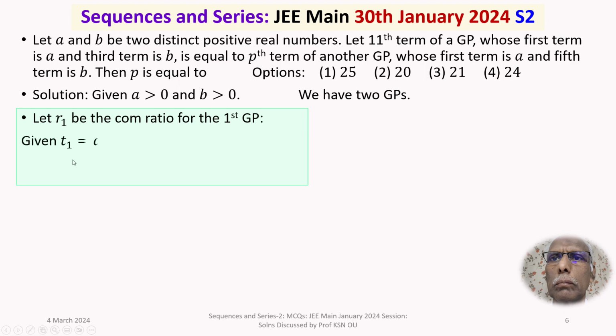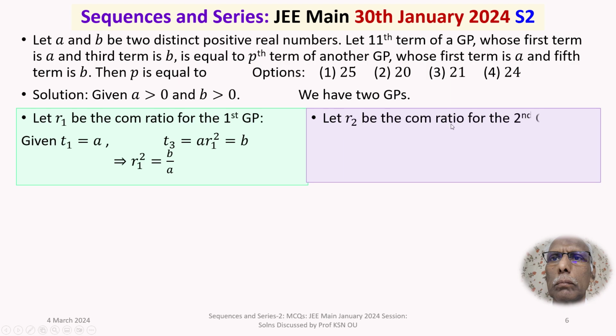For the first GP, it is given first term is A and third term is B. So T1 is A, and T3 is equal to A R1 square is equal to B. It is a GP. Therefore, this will imply R1 square is equal to B by A.